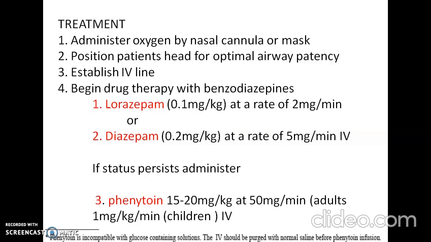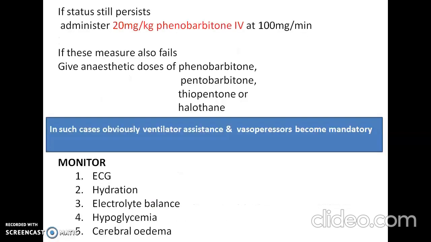This phenytoin is incompatible with glucose-containing solution, so the IV line should be purged with normal saline before phenytoin infusion. This precaution should be taken. Let us move on to status epilepticus. If it still persists, administer phenobarbital 20 mg per kg by IV route at 100 mg per minute.